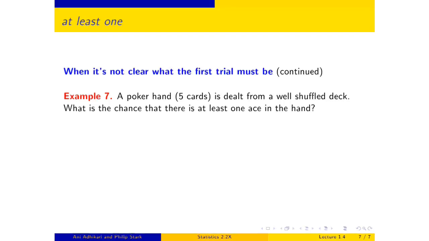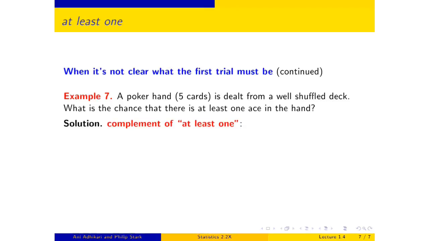Well, I could just fold my hands and go away. Or I could roll up my sleeves and list all the ways. Or I could pray that there is a simpler method. And you know, when your list of outcomes that you have to write down gets long, it's a great idea to think of the list of outcomes that you don't want to write down. The complement of your list.